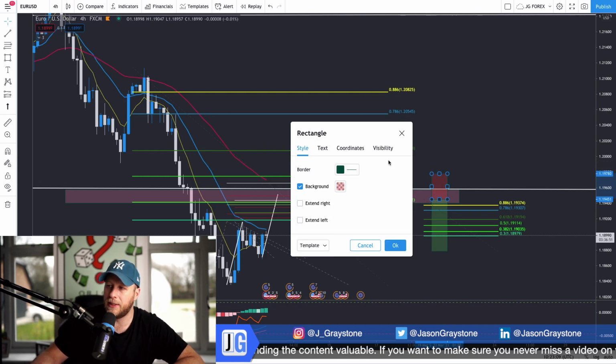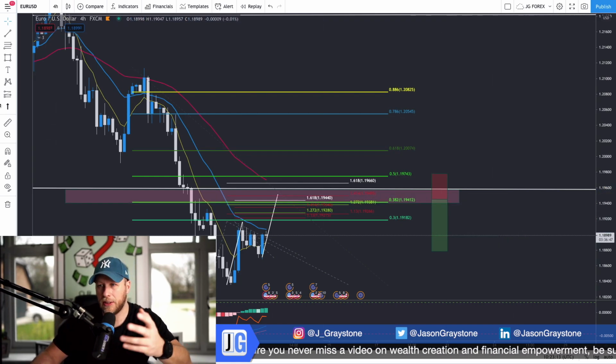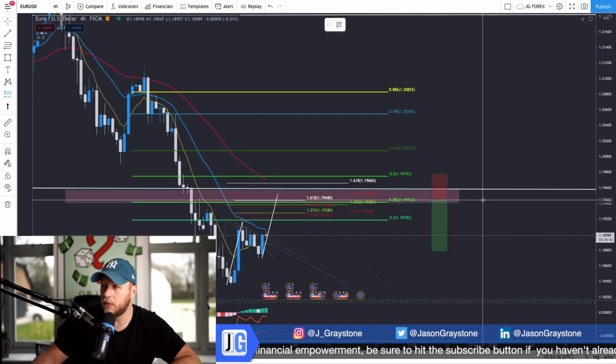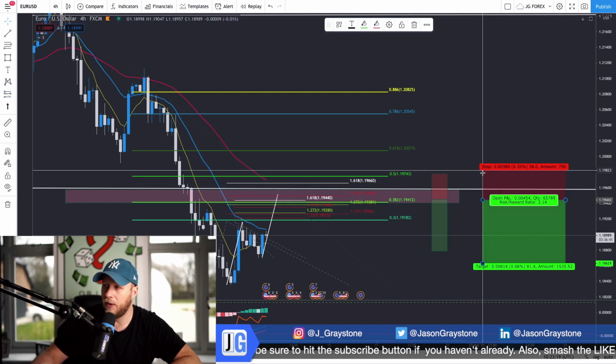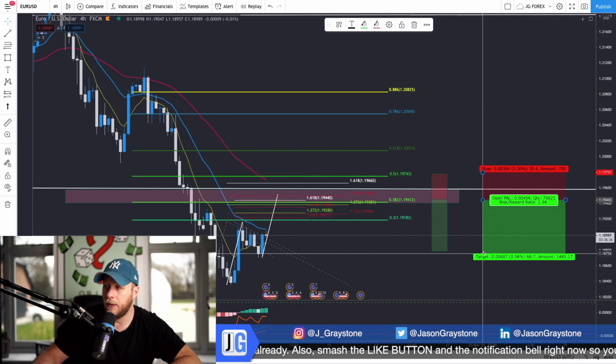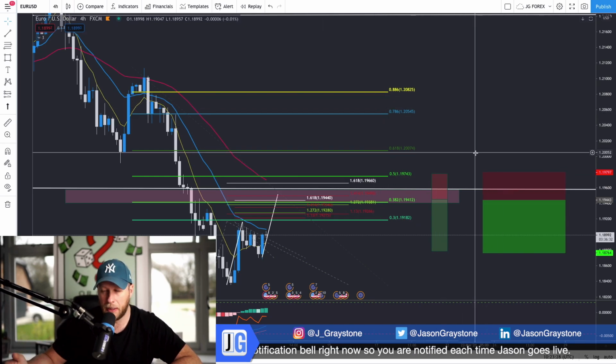So your risk profile is half of your reward profile. And of course, if you're using TradingView, you can use this short position tool as well, where you can draw that on and you can look at the risk reward ratio, and it will tell you when you've got that 2-to-1, so you can measure it that way.